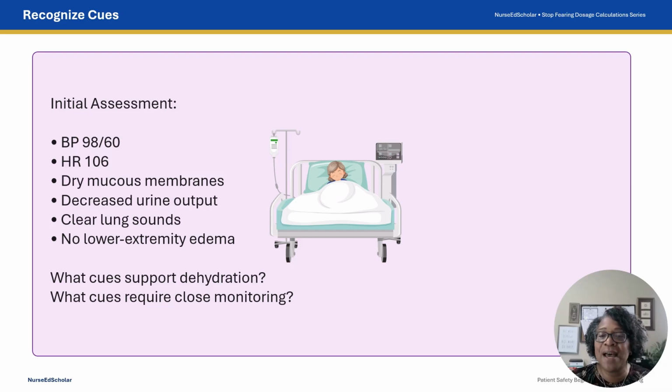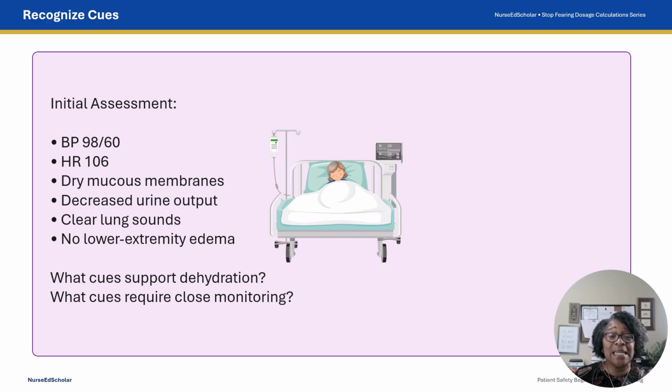So you assess vital signs: blood pressure 96 over 58, heart rate 104, dry mucous membranes, decreased urine output. You do your lung assessment, lungs are clear. Good. No peripheral edema.